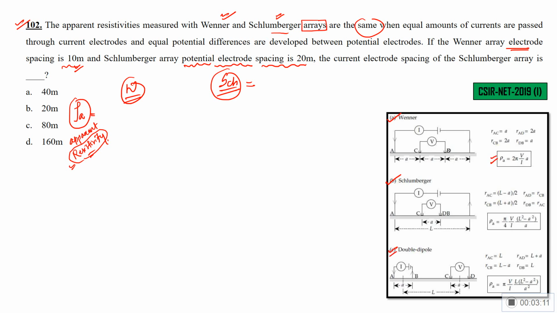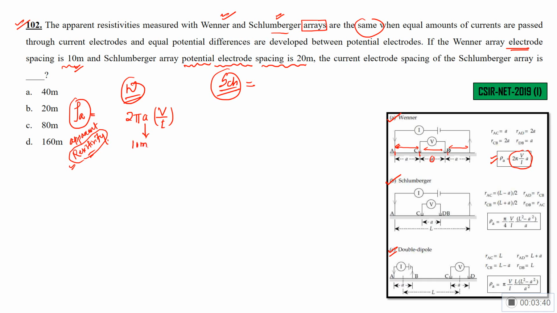The apparent resistivity formula for Wenner is 2 pi a times V by I, where a is the equal spacing: current electrode, potential electrode, potential electrode, current electrode, with a fixed, and here it is given as 10 meter.